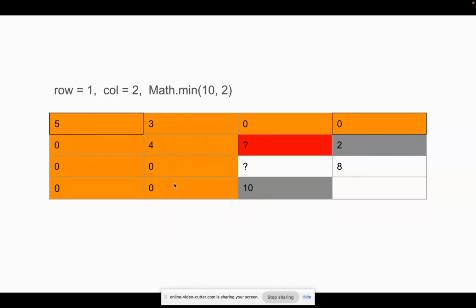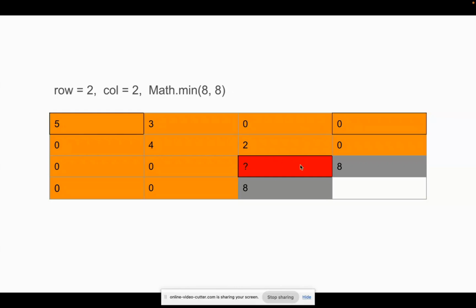Now, because we finished the second column, we need to increase the column by 1, so the column becomes 2. Here we just repeat the steps. Which one is smaller? 2 is smaller, and then both are subtracted by 2. Now we come to the last cell.